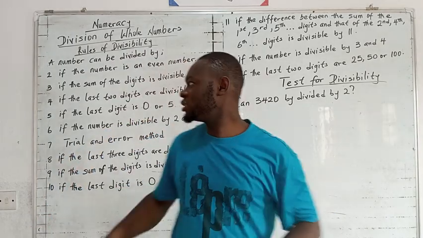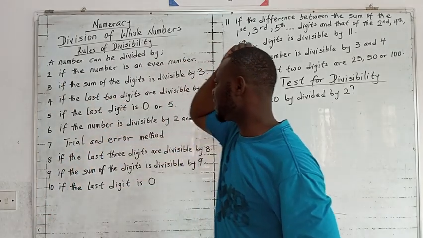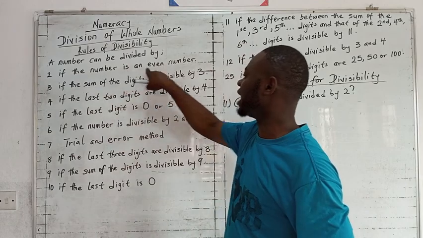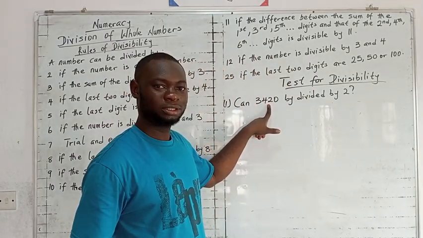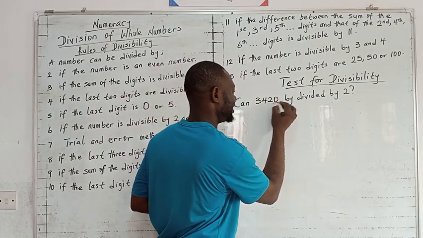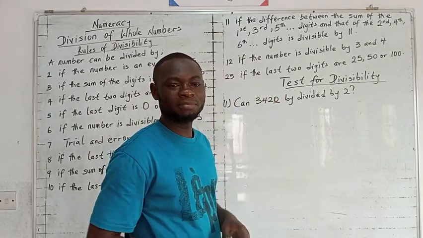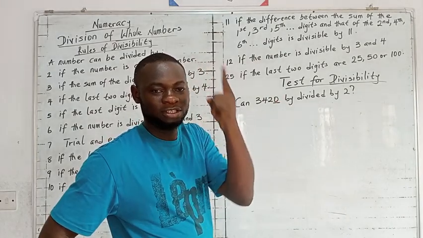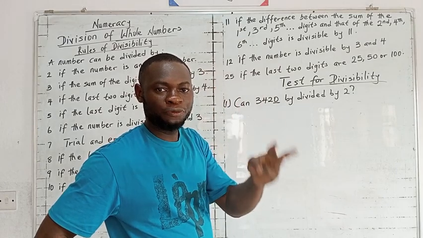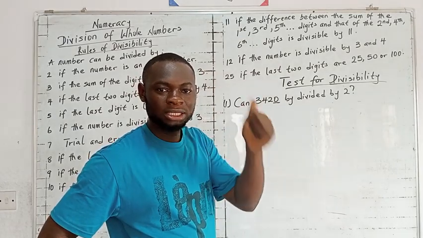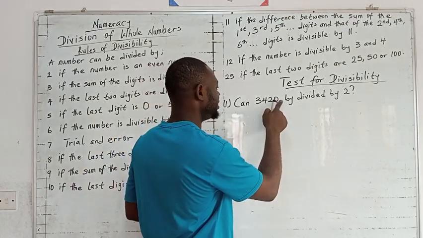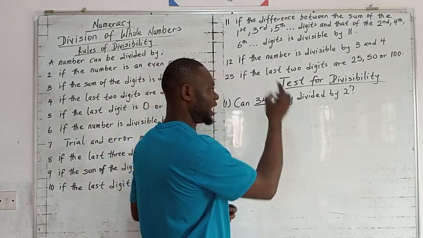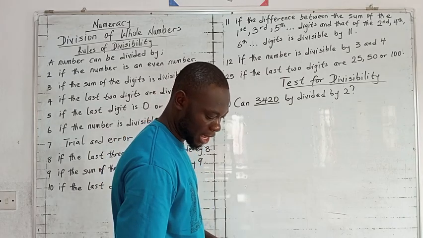Divisibility by 2 says that a number can be divided by 2 if the number is an even number. Now, is this an even number? Yes, because it ends with 0. Remember, even numbers are numbers that end in 0, 2, 4, 6, and 8. They are even numbers. So since this number is an even number, then it can be divided by 2.